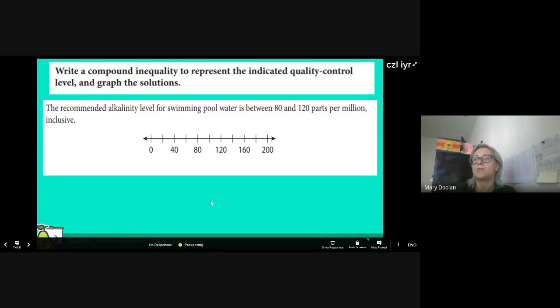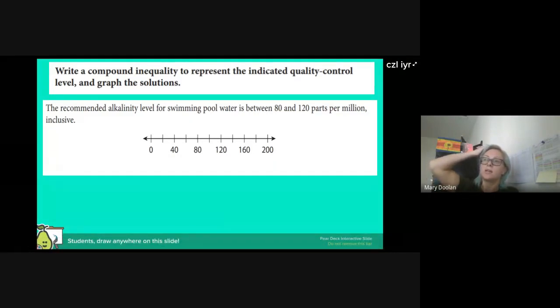Okay, so I'm going to have you guys write a compound inequality to represent the indicated quality control level and graph the solution. So here's a different problem. The recommended alkalinity level for swimming pool water is between 80 and 120 parts per million. So that's also inclusive, like we just had on the last problem, which means we're going to use those same symbols that we had on the last problem.